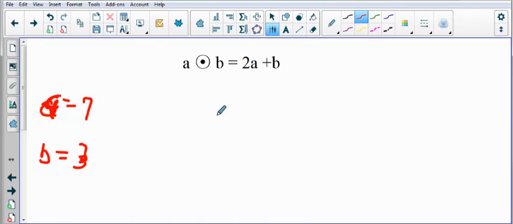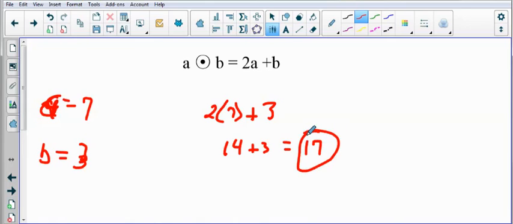That means we're going to take 2 times 7, because that's what the A is. And then we're just going to add the B, which is 3. Well, 2 times 7 is 14. 14 plus 3 is 17. Okay, so A fisheye B, if A is 7 and B is 3, would equal 17. And there's a few examples of that on your worksheet.